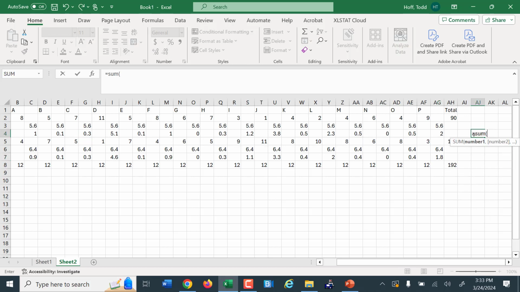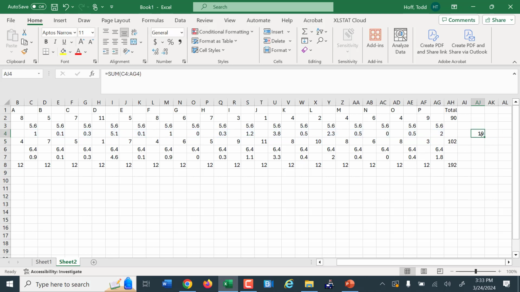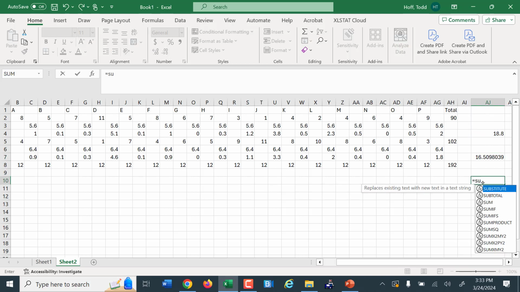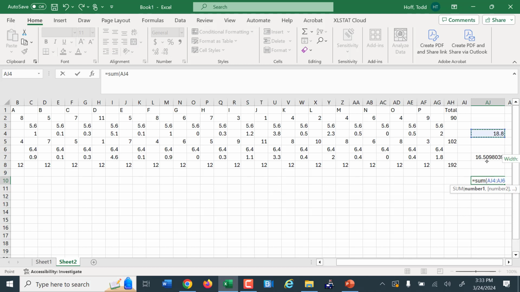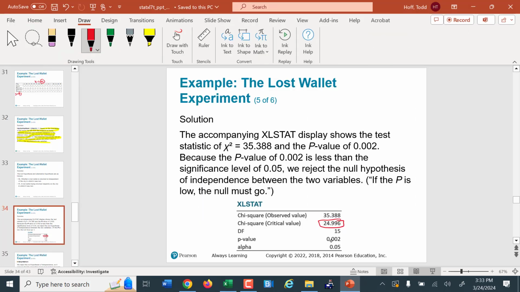So we're going to do the sum of this row here, giving us 19 there. Sum of this row. I'll expand this so I get my decimal points right. And equals the sum of those two, giving us the 35.310, which is what we had right here.